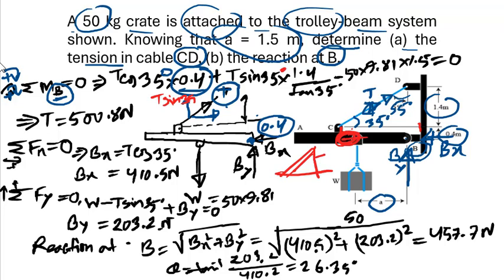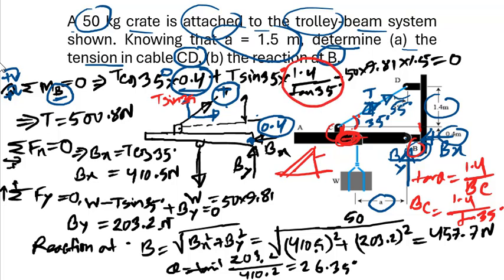Tan theta equals perpendicular over distance. If we consider B to C, then BC equals 1.4 divided by tan 35. That is the perpendicular distance from T sin 35.